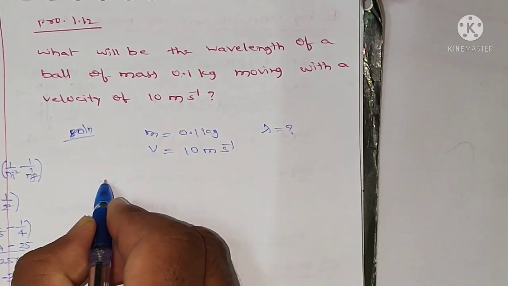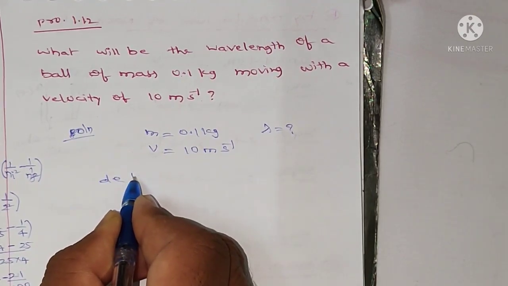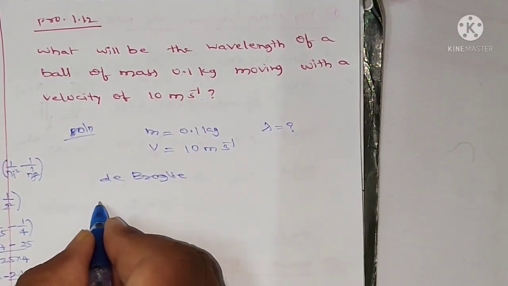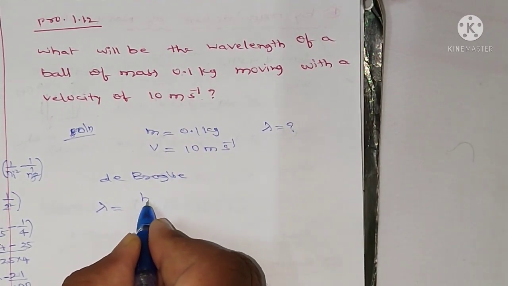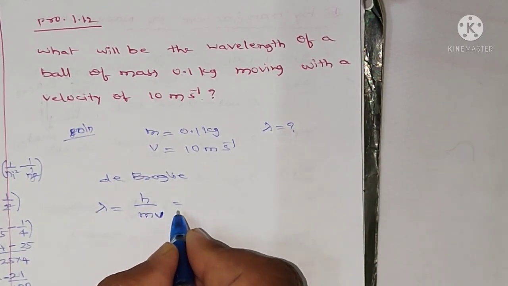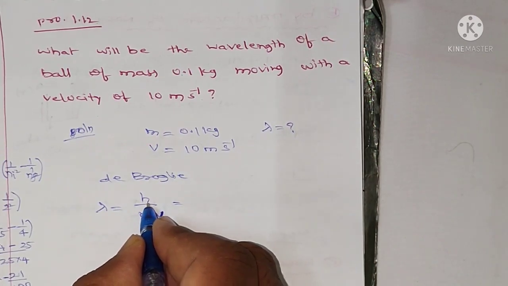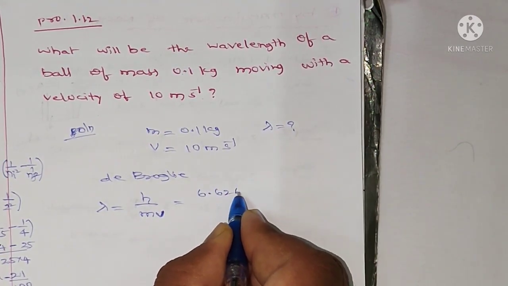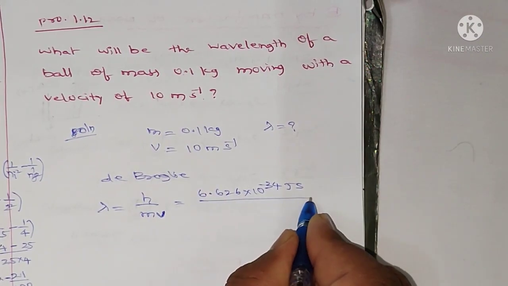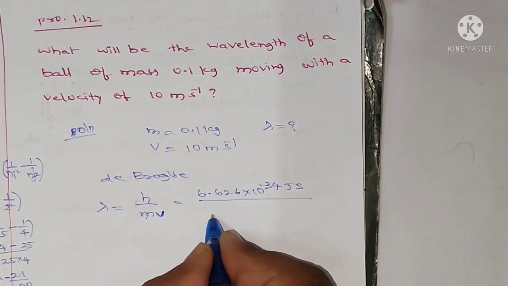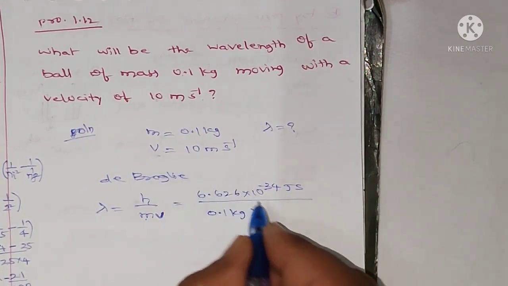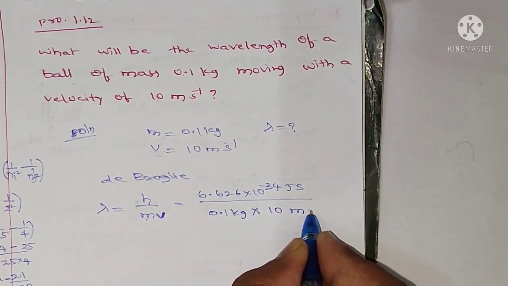So according to de Broglie, lambda is equal to h by mv, where h is the Planck's constant, 6.626 into 10 to the power of minus 34 joule second, divided by mass 0.1 kg, into velocity v, 10 meter per second.